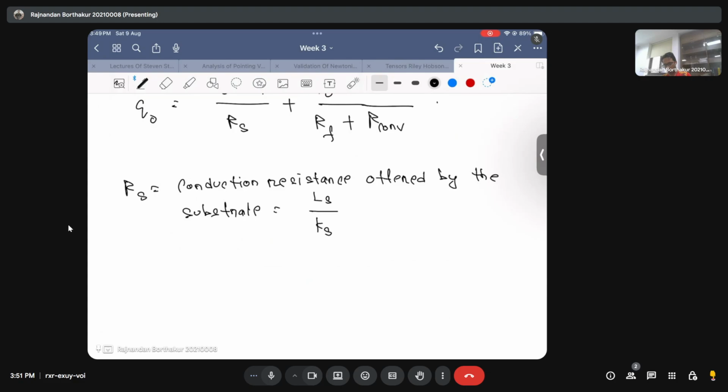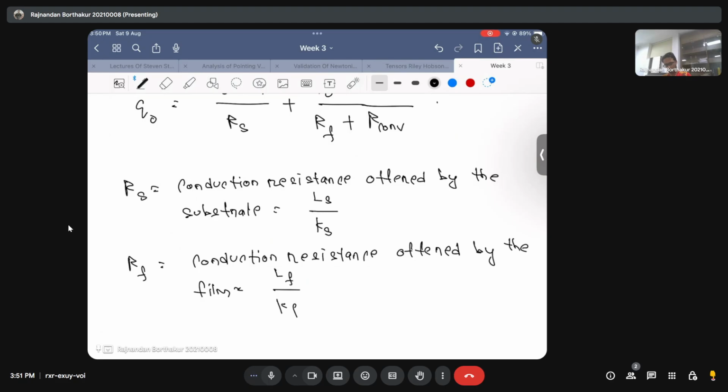And then your Rf, the conduction resistance offered by the film per unit area, is simply going to be Lf by Kf.